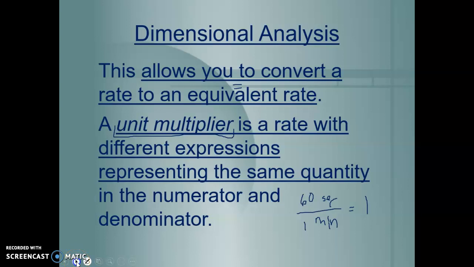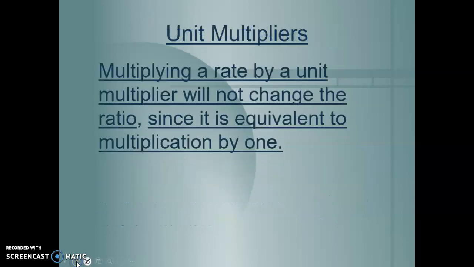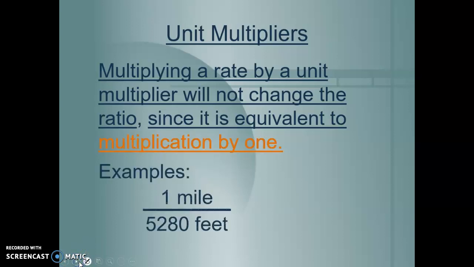But what that unit multiplier allows us to do is to convert rates to equivalent rates. Multiplying a rate by a unit multiplier will not change the ratio, since that unit multiplier is just equivalent to 1. It's just allowing us to change our terms. Here's an example. I have 1 mile equals 5,280 feet.